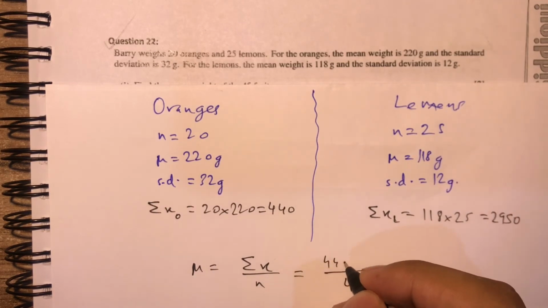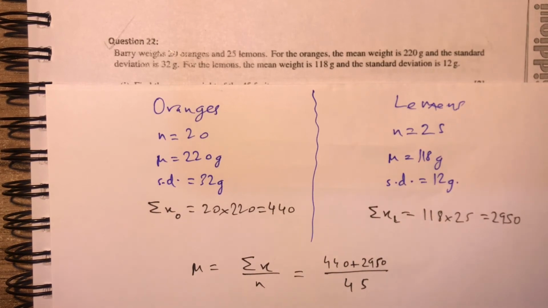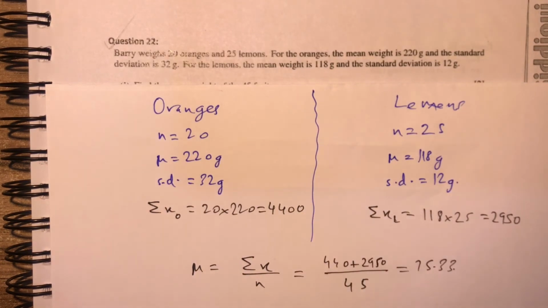So it will be 440 plus 2950 upon 45. Sorry, it won't be 440, it will be 4400. So 4400 plus 2950 divided by 45. Sorry, 163 will be the mean.